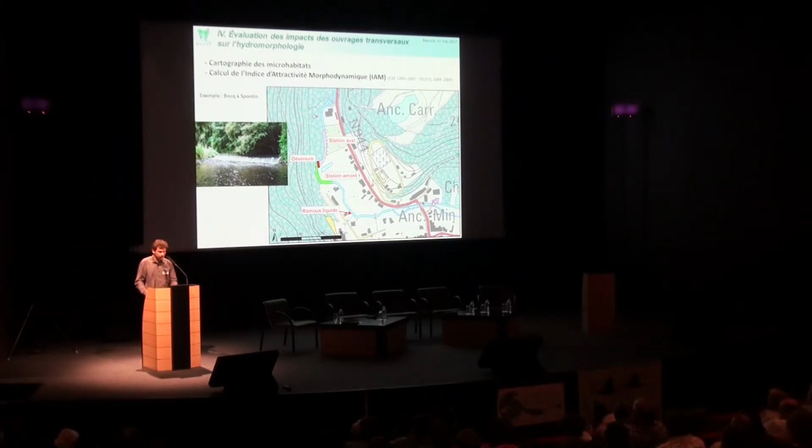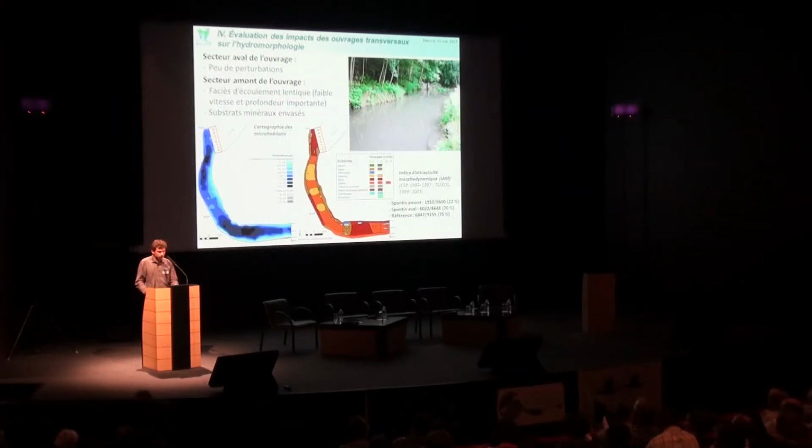So this is an example of Boc à Spontin, small spillway channel, about 1 meter high. We worked on upstream station and downstream station. Upstream of the barrier, we saw low level of disturbance. Granulometric characteristics were more or less equal to the reference characteristics.